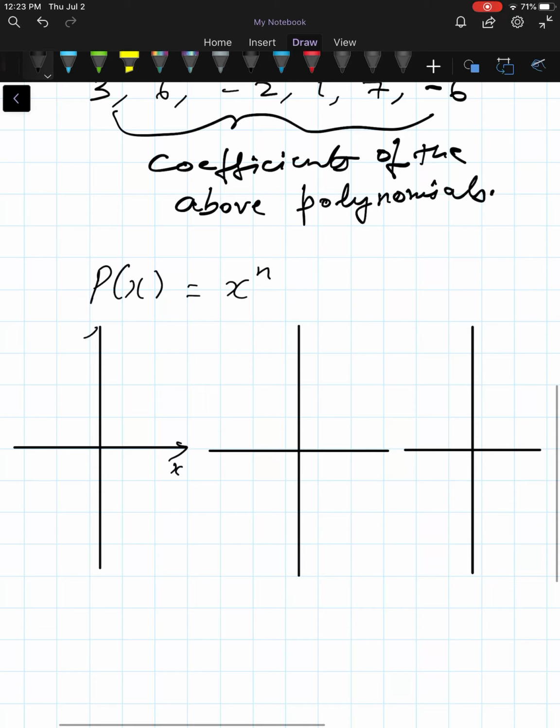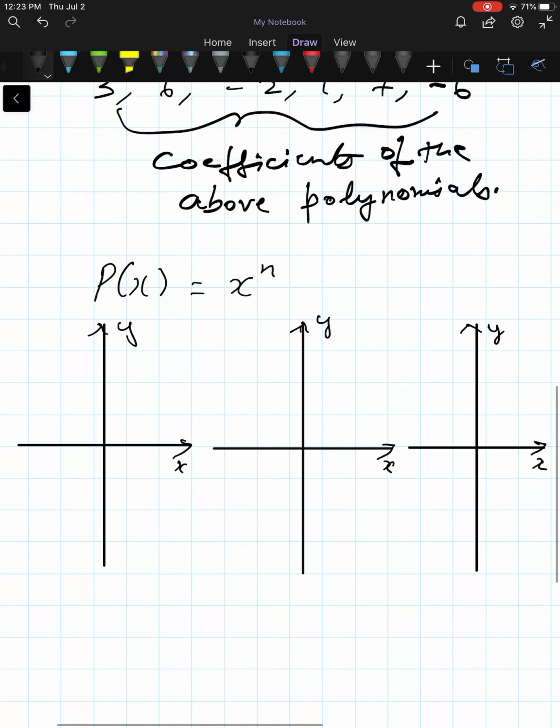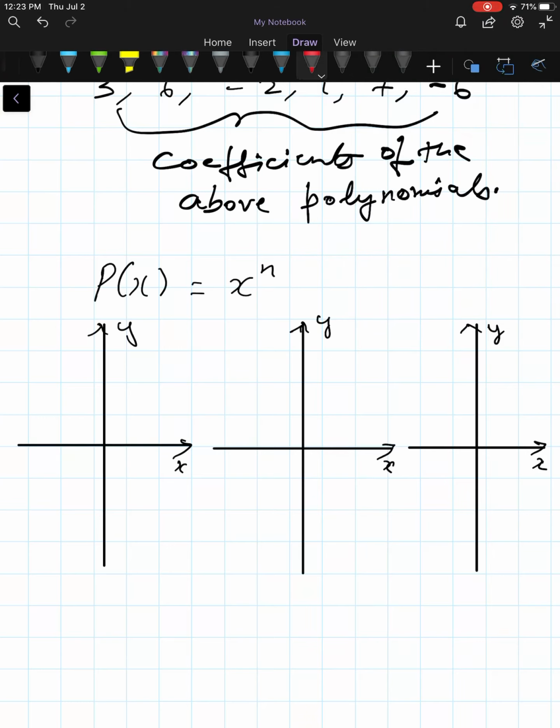So this is the x-axis, y-axis. This is the straight line y equals x.